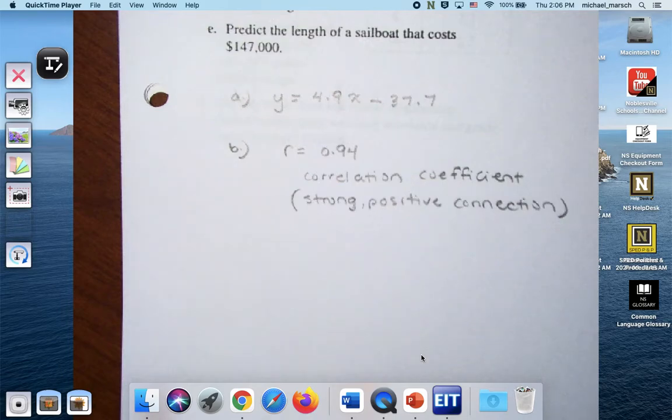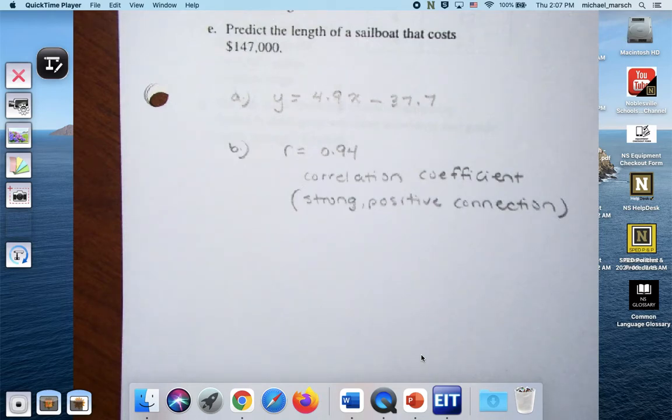So think about it. The length of a sailboat is going to have a connection to the price, right? Bigger the boat, bigger the price, okay? If there was a negative correlation, like the older the car, the less value it has, that's going to have a strong negative correlation. If we were talking about number of siblings and shoe size, there's no correlation.